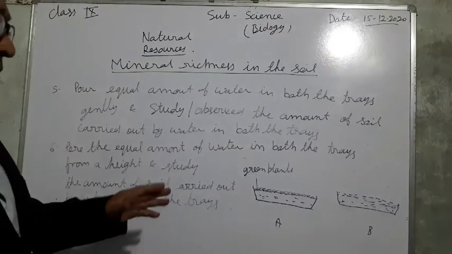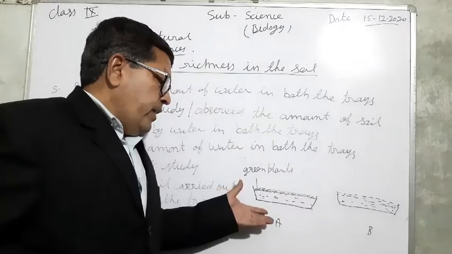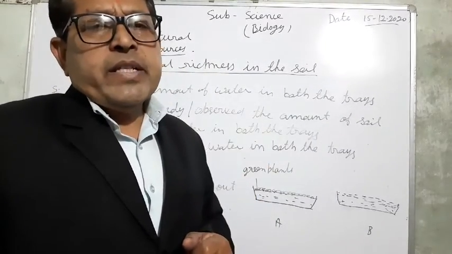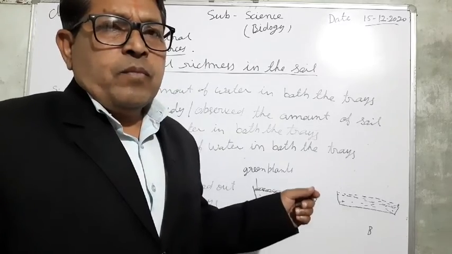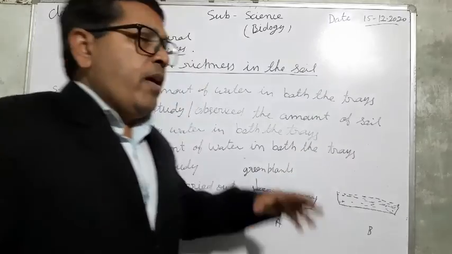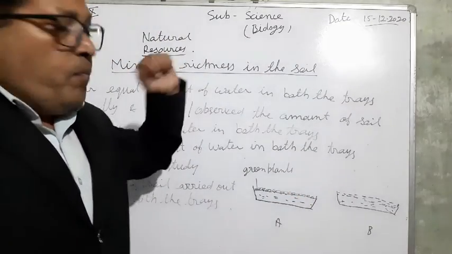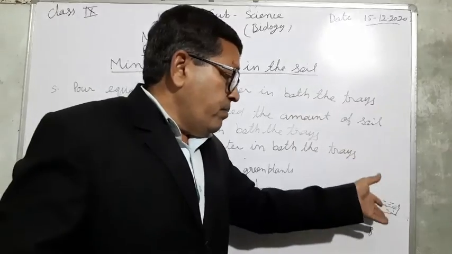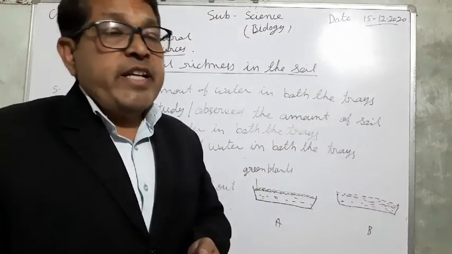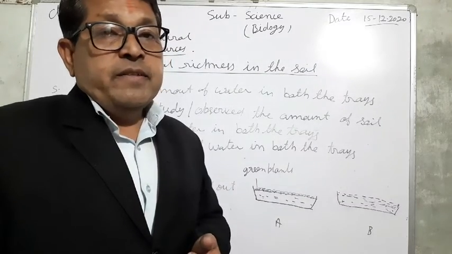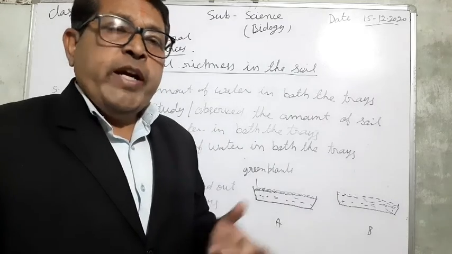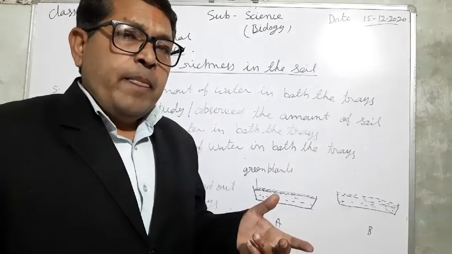You observe that in tray A a very small amount of soil is carried by the water, even when water is poured from a certain height. But in tray B, a huge amount of soil is carried out by the water. Why does it happen?